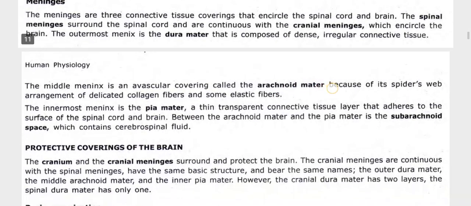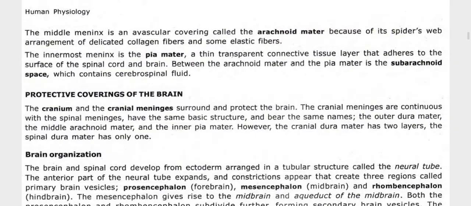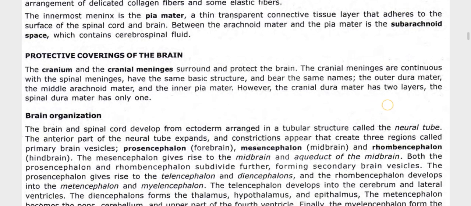The middle meninx is an avascular covering called arachnoid mater because of its spider web arrangement of delicate collagen fibers and some elastic fibers. Then the innermost meninx is the pia mater, a thin transparent connective tissue layer that adheres to the surface of the spinal cord and brain. Between the arachnoid mater and pia mater is the subarachnoid space, which contains cerebrospinal fluid.